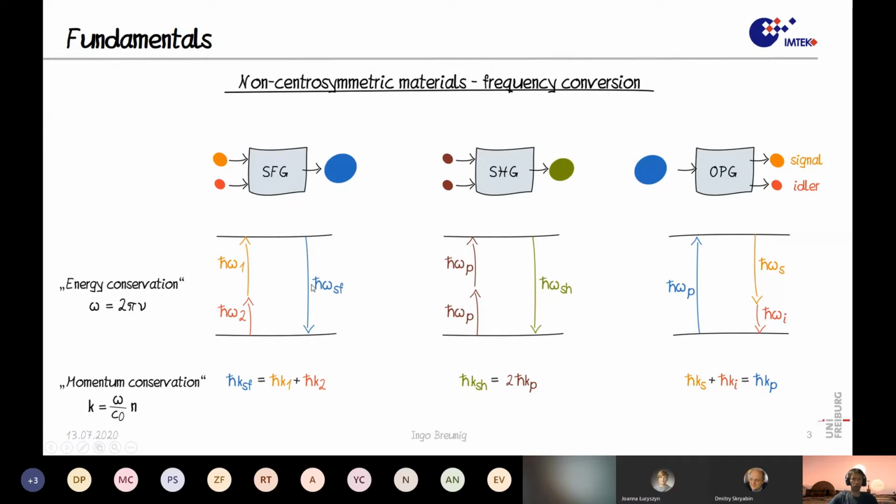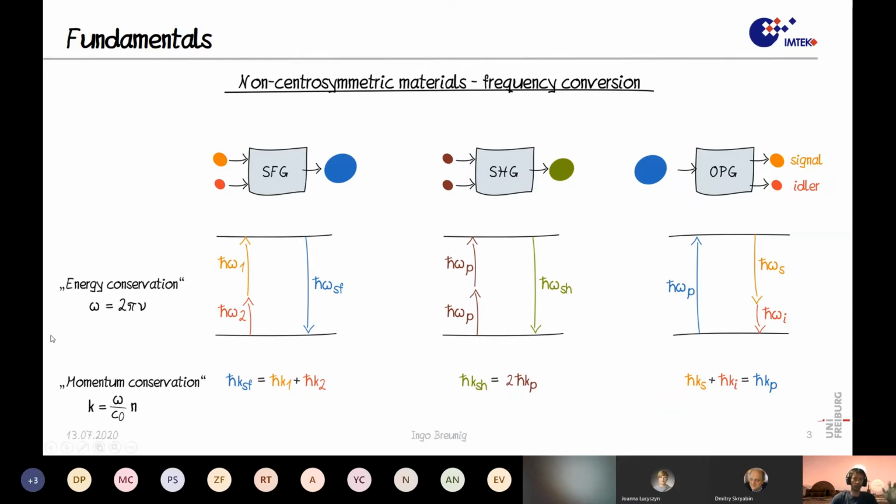At the output, you can generate a photon having the sum frequency. This relation between the input frequencies and the output frequencies can be interpreted as a kind of energy conservation, although it's a completely classical effect, right?